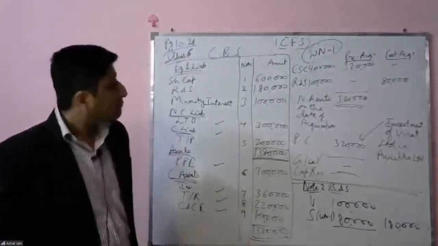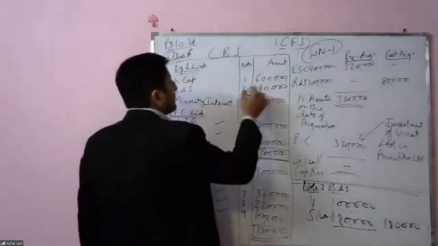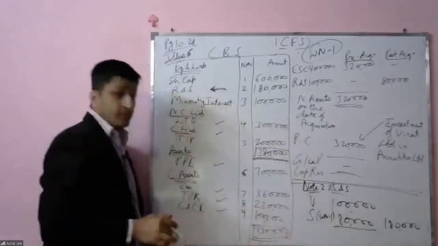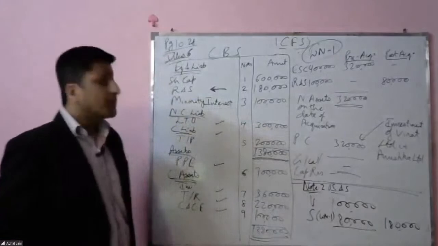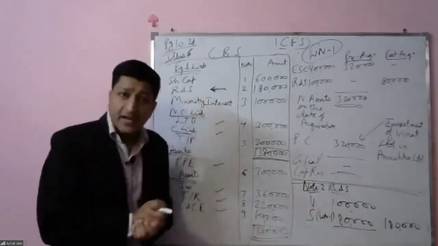Next, when we compute reserves, once again, for this, you will have to remember one point, that these will again not be added line by line. Why?